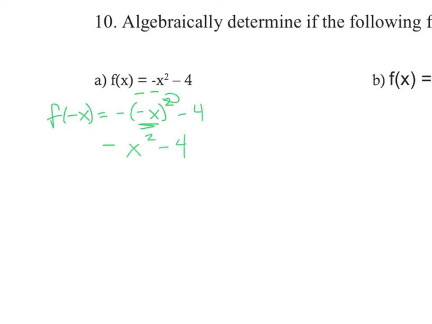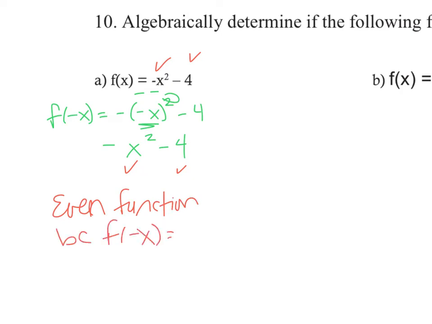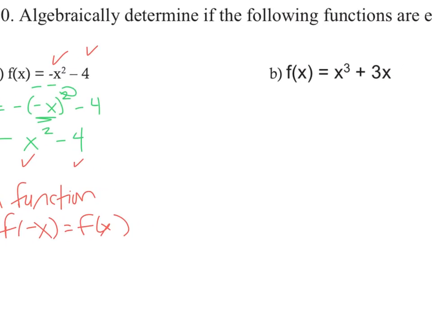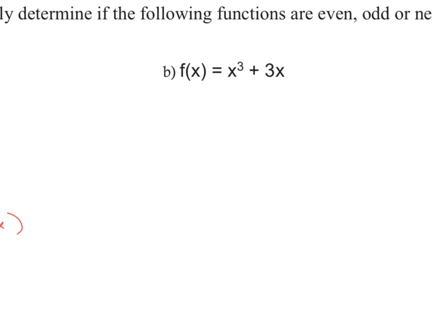Looking at this, it matches that, and it matches that. So because they match the original, I would say this is an even function, because when I negate x, it equals my original. Or you could say all the signs stay the same. You don't have to write this notation if you really don't want to, but you should give yourself an explanation.